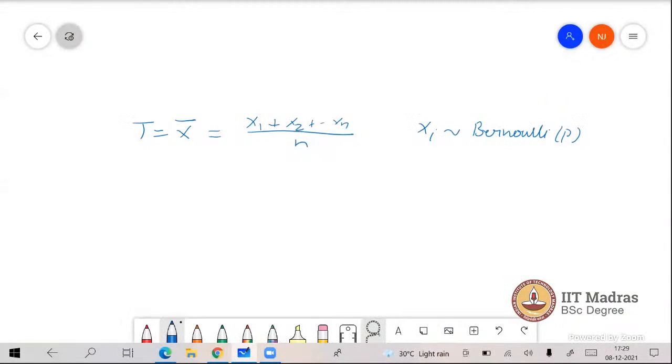So you accept whenever x1 plus up to xn is between 220 and 260. This is your acceptance region.